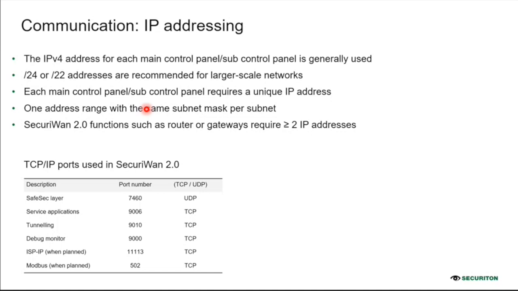Whenever you are going to make a WAN, for example, from different sites, with a router in between, you need to be sure that these ports are open, as well as the protocol. Otherwise, the system does not work. All this information is, of course, reported in our documentation.